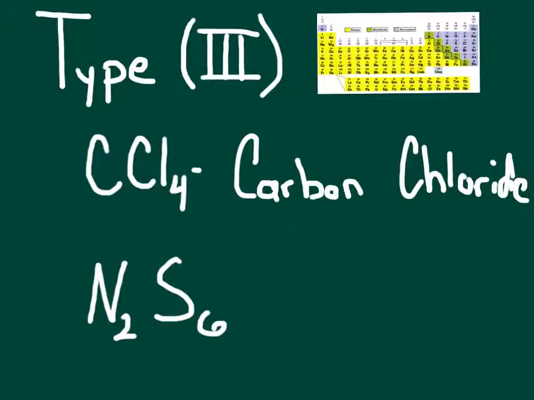And the prefixes are your basic Greek prefixes. Mono, di, tri, tetra for 4, not quad. I know it's confusing, but for some reason chemists use tetra. So this would be carbon tetrachloride. Go ahead and take a second here and see if you can figure out what the next one would be.